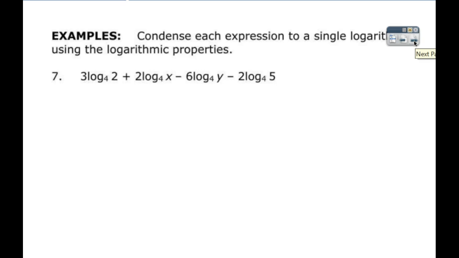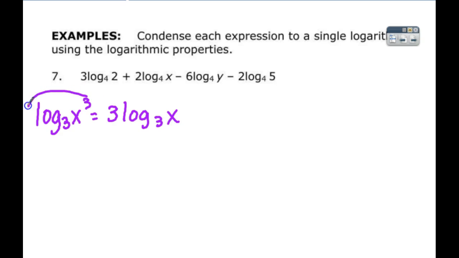So that's not hard, right? When the power's in front, where does it go? So when I had, we wrote it as 3 log, right? We just took this one and plopped it. So this 3 goes where? It's the power on the 2, correct? Okay, so I'm going to have log base 4.